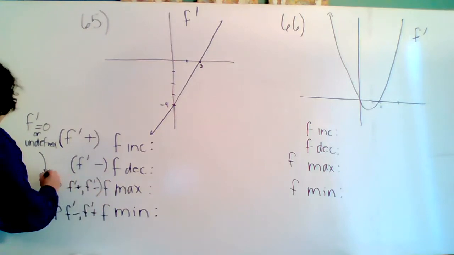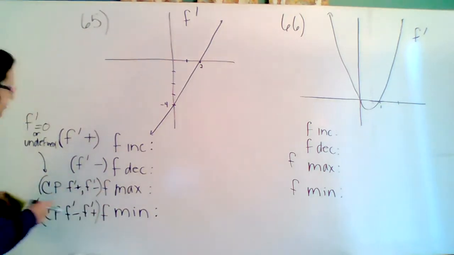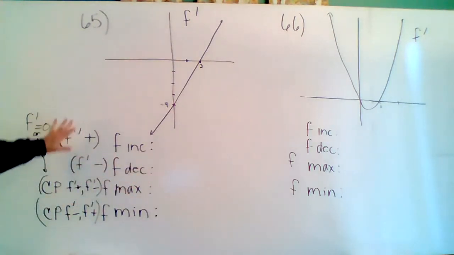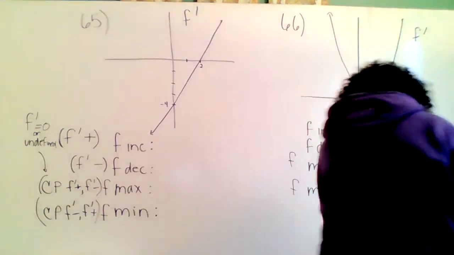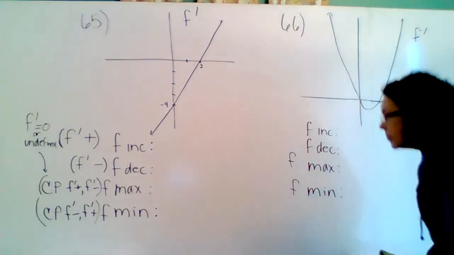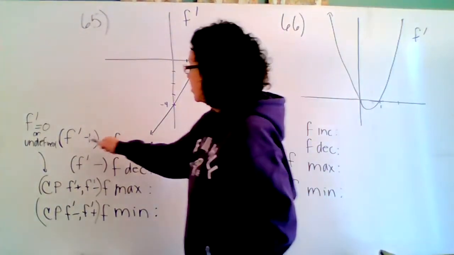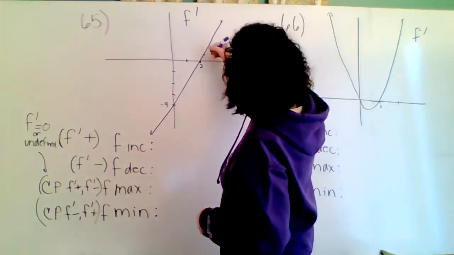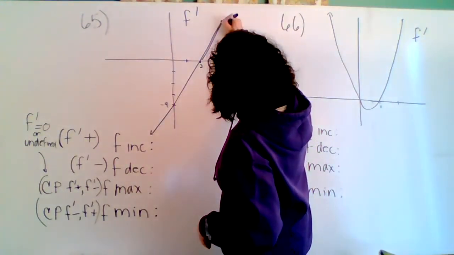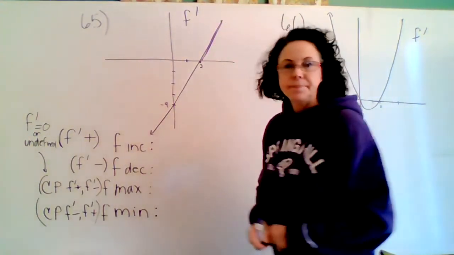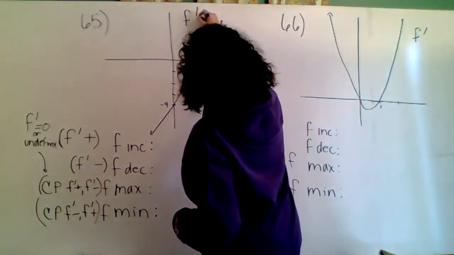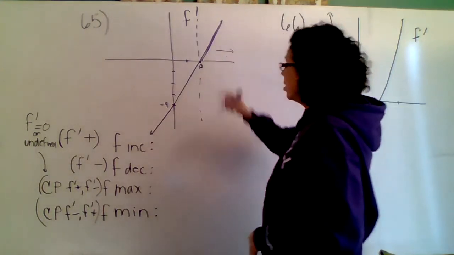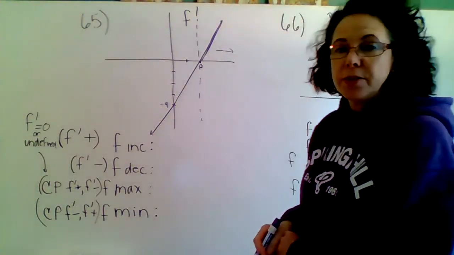Okay, so now that I've translated the function into the derivative, I can go to these places. So let's do that. First of all, F is increasing where the derivative is positive. That's where the derivative has positive y values. That is right here. And I'm telling the intervals where that happens. That happens where x is greater than 2.